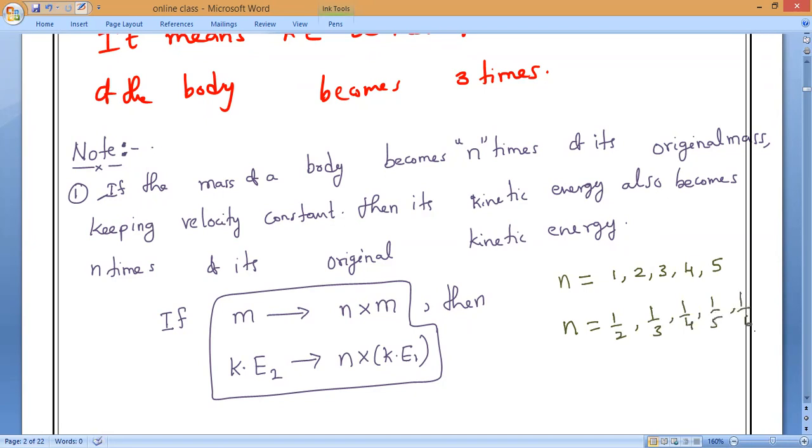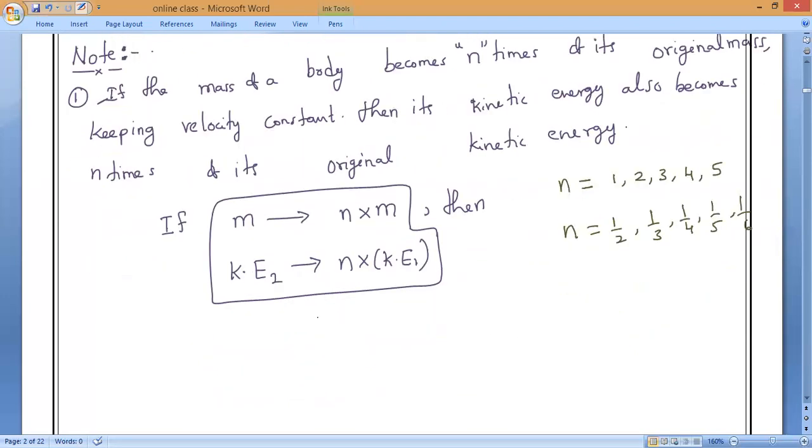Why am I saying this? Because if mass is reduced to half, n equals 1 by 2. If mass is reduced 3 times, n equals 1 by 3. If mass is reduced 4 times, n equals 1 by 4. So you have to remember that.